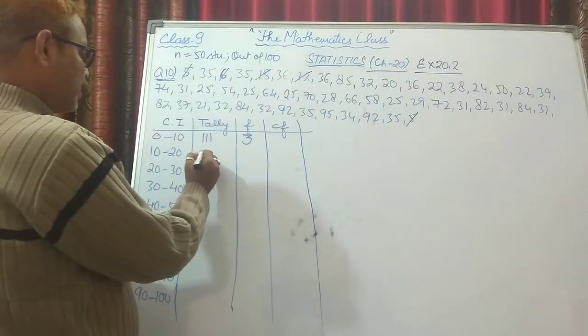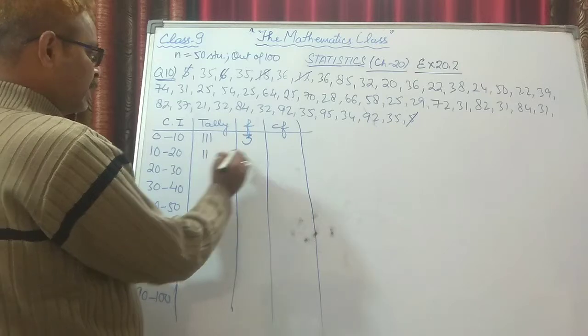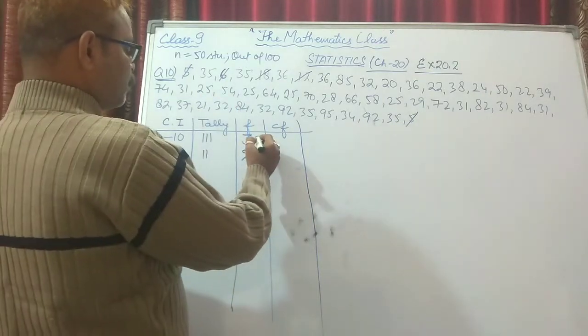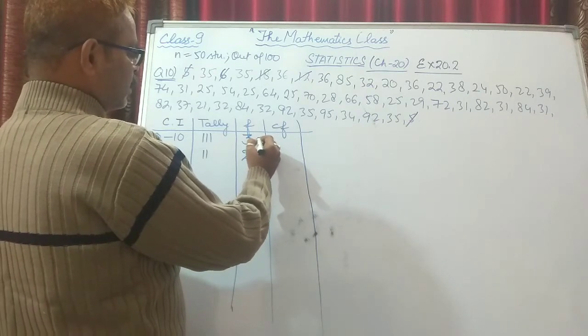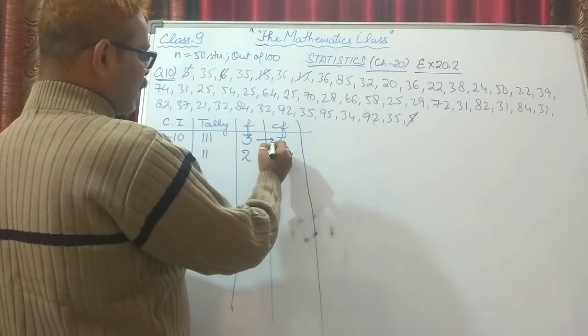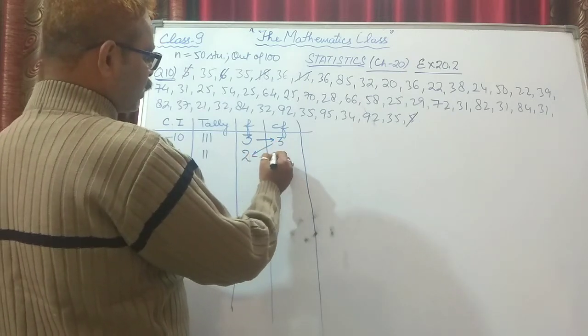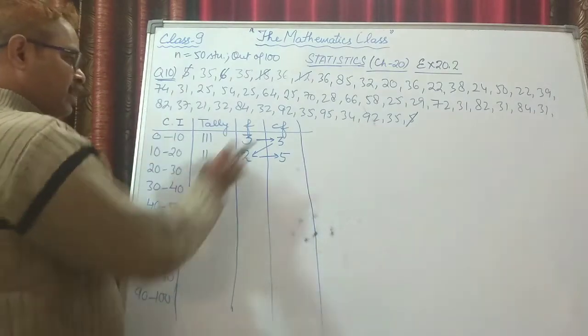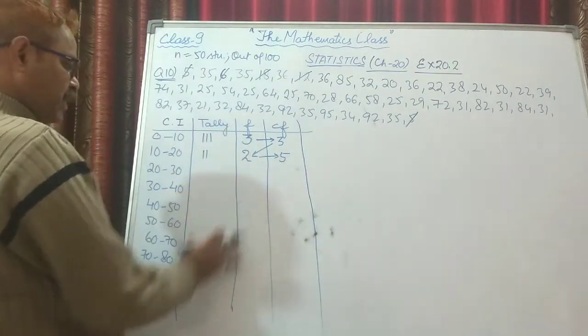Between 10 to 20 there are 2 data, so we will write 2. Now how to make cumulative frequency? Since this is the first row, this will come as it is, 3, and 3 when added to 2 will give you 5. So 5 is the cumulative frequency of 10 to 20. This we will continue later on. First we will make the frequency column.